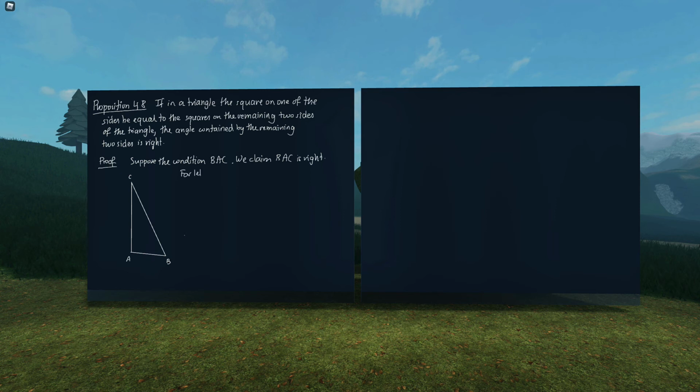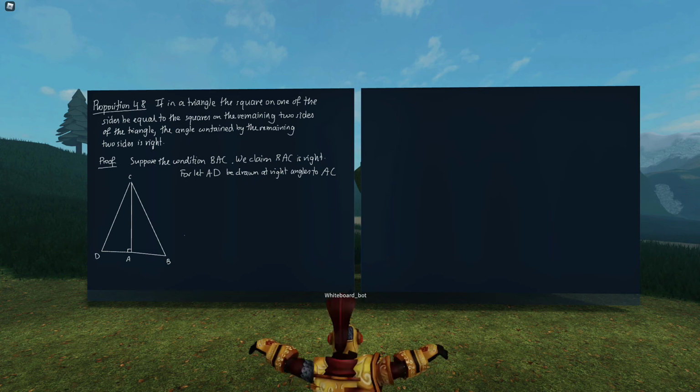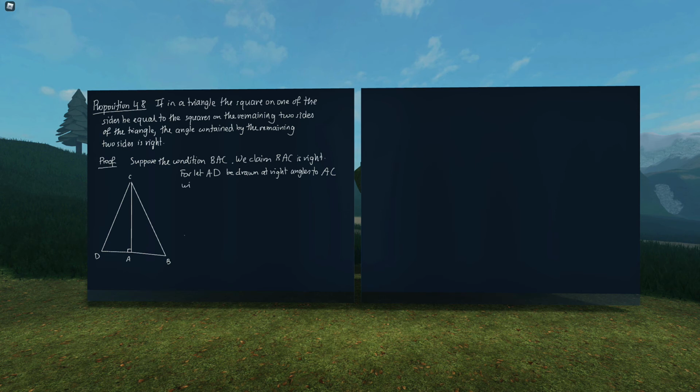All right, for let AD be drawn at right angles to the line AC, with AD equal to BA.